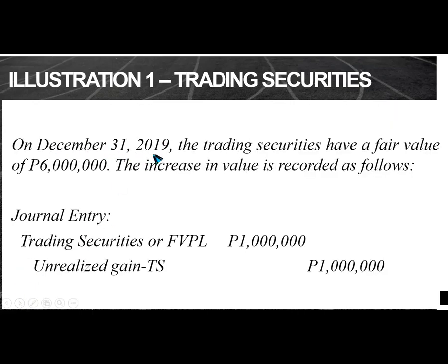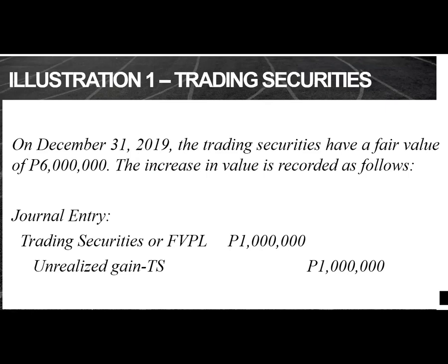Now, pagdating ng December 31, 2019, the trading securities have a fair value of 6 million. Now, sabi natin, kasi trading security ito, dapat i-measure natin siya or i-classify natin siya as FVPL or fair value through profit or loss.